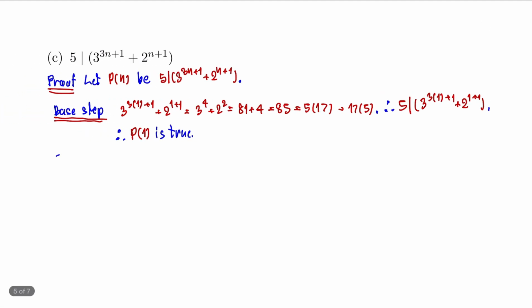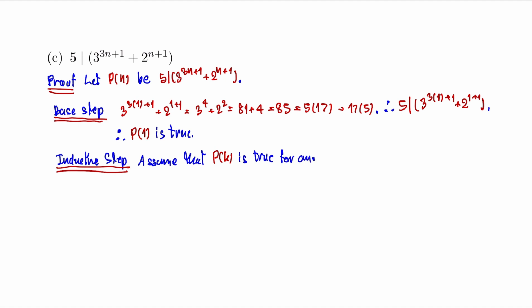Now let's go to the inductive step. What is the inductive step? For the inductive step, we have to assume that P(k) is true, for any positive integer k. And then we have to show that P(k plus 1) is true.